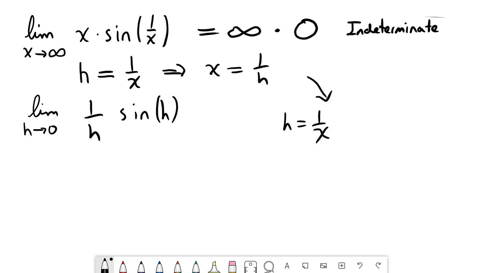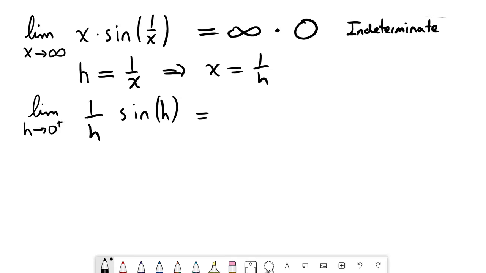Specifically, we have to make it approach from the right side because of the substitution. We are only focused on it approaching on the right side because of that substitution that we made. So that's the idea. When we make that substitution, we might have to change our limit inputs.